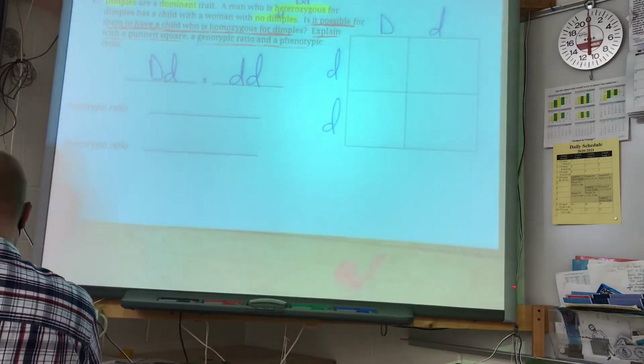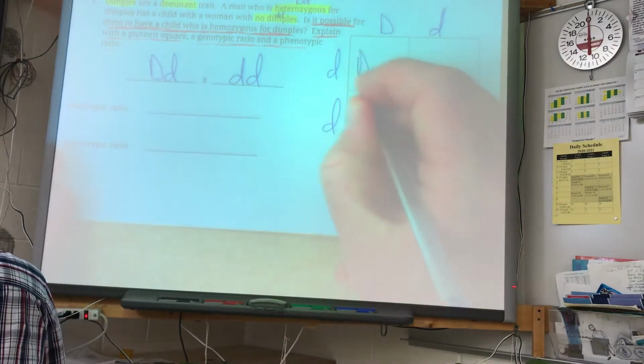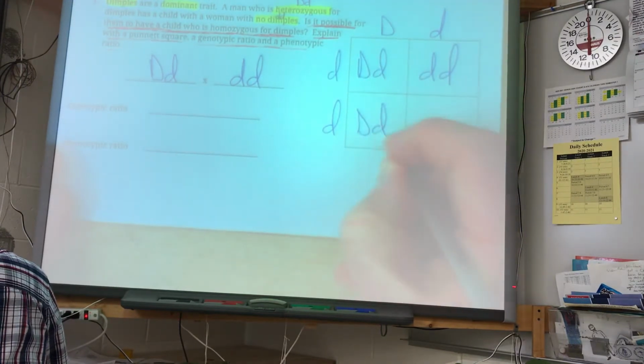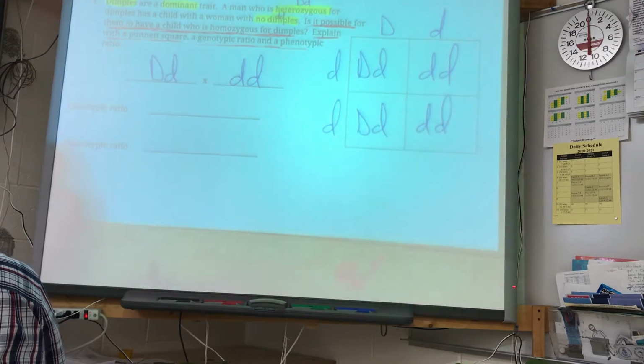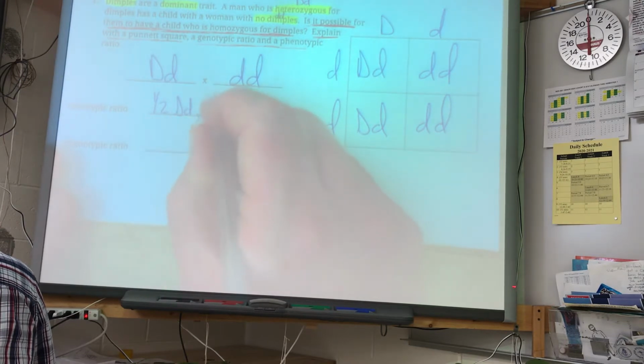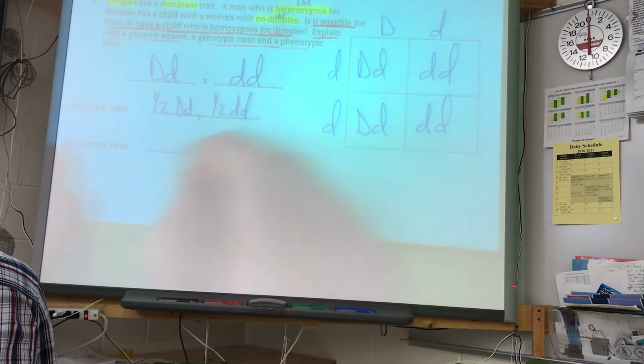Now the question I'm asking you ultimately is, is it possible for them to have a child homozygous for dimples? Is that big D, little d, or little d? What question am I asking? Homozygous for dimples would be big D, big D. So is it possible?